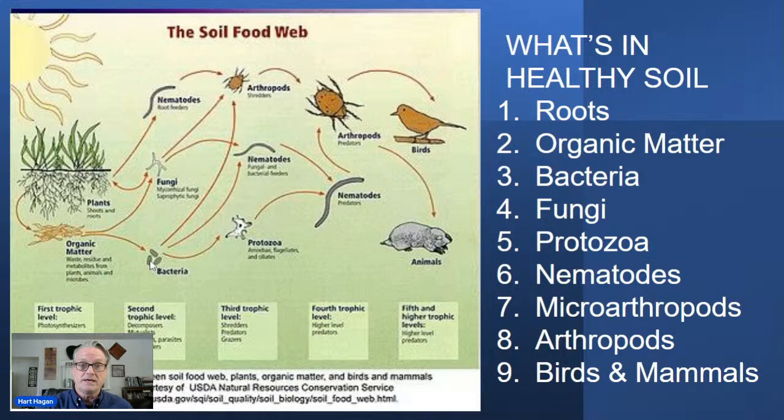You have the protozoa eating the bacteria. You have the nematodes eating the protozoa, because when energy is flowing in one direction, that means this thing is eating this other thing, going the opposite direction of the arrow. And you have the fungi here that are feeding largely on the plants and on the organic matter and on the bacteria. This is the soil food web.